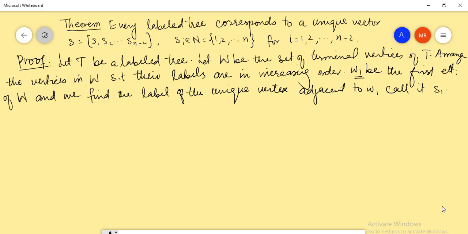Call the label of that unique adjacent vertex to W1 as S1. Then we delete W1 from T.